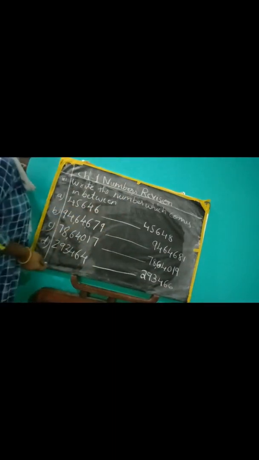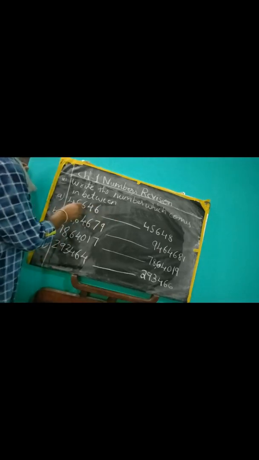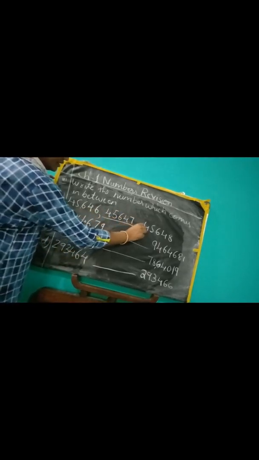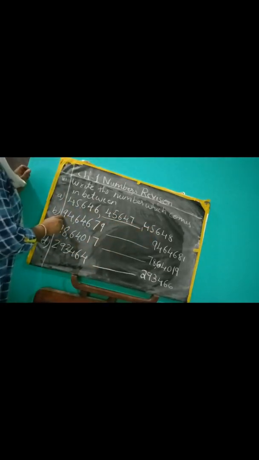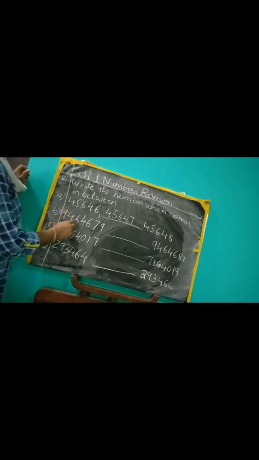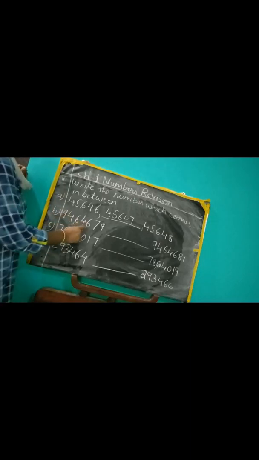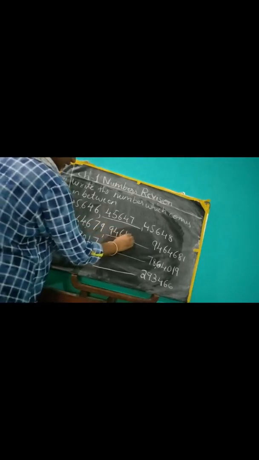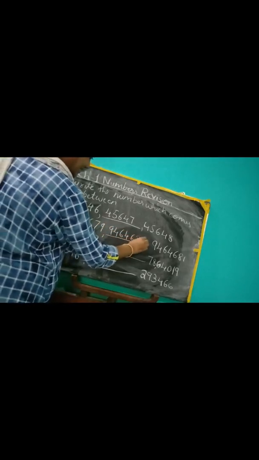See here, children. In these numbers, you should find the between number. After this number, which number will come? See, 45,646, after it 45,647. After that, 45,648. Here, 94 lakhs 64,679, after it 94 lakhs 64,680.